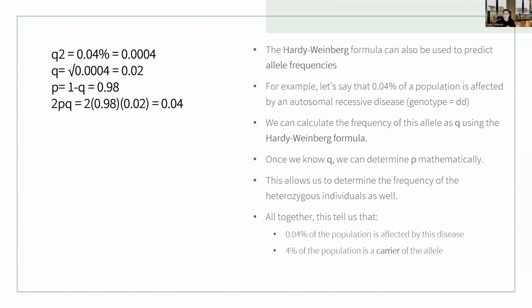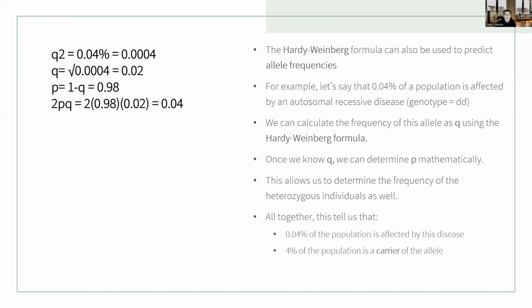What I want you to understand is that Hardy-Weinberg equilibrium is a hypothetical situation that relies on a bunch of conditions that most likely cannot be met, but can be closely approximated in large natural populations.